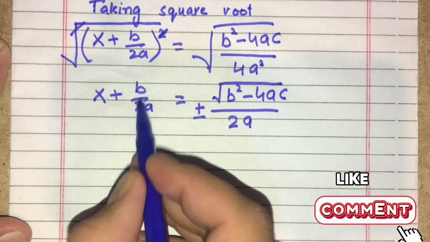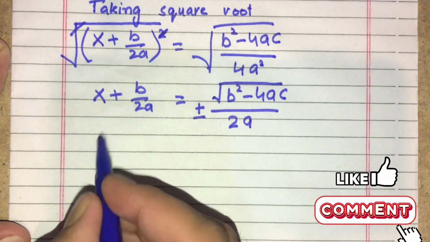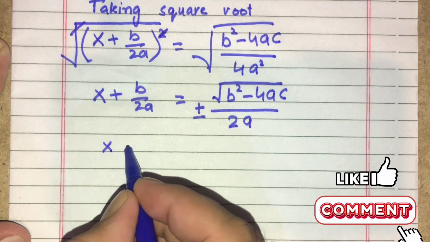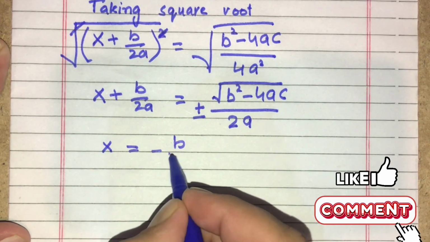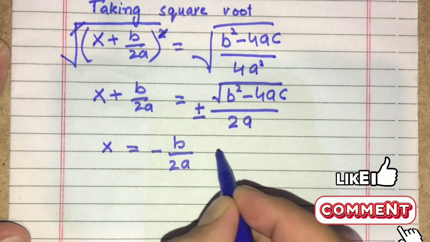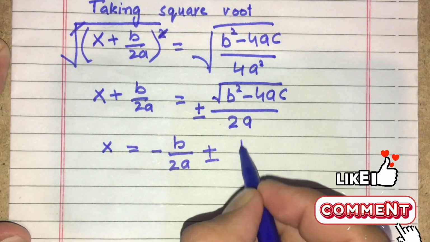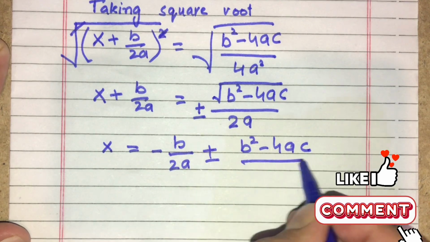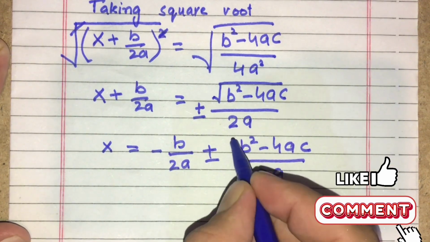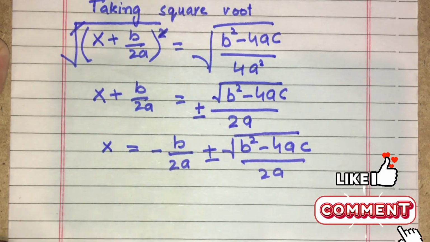Now pushing this b divided by 2a to the right hand side, we will have x is equal to minus b divided by 2a plus minus square root of b squared minus 4ac divided by 2a.